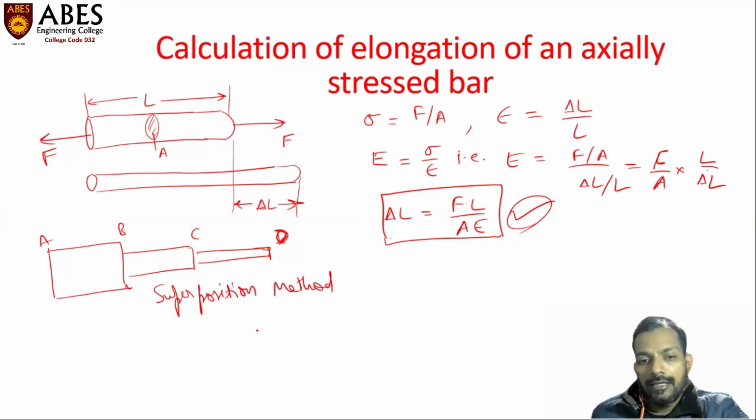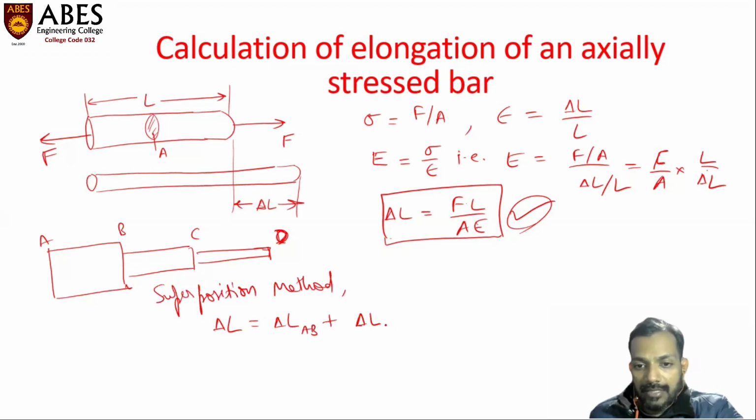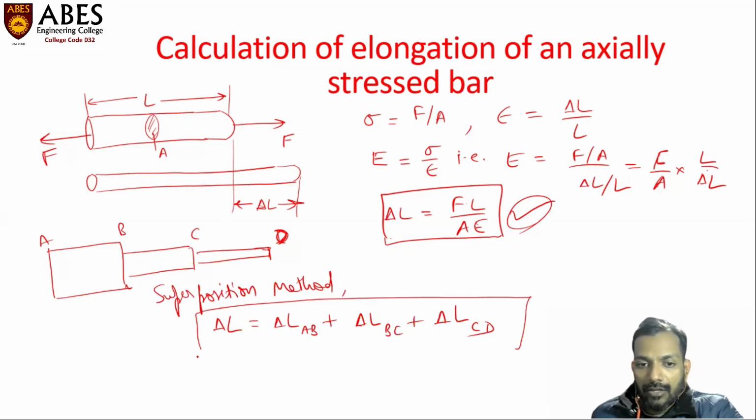The superposition method states that the net elongation of a given bar is equal to the algebraic sum of elongations of individual segments of that bar, meaning delta L AB plus delta L BC plus delta L CD. This method of calculation of the net elongation is called the superposition method.